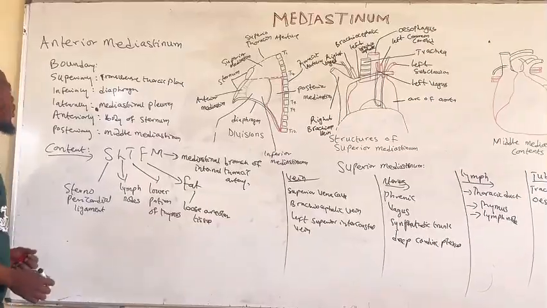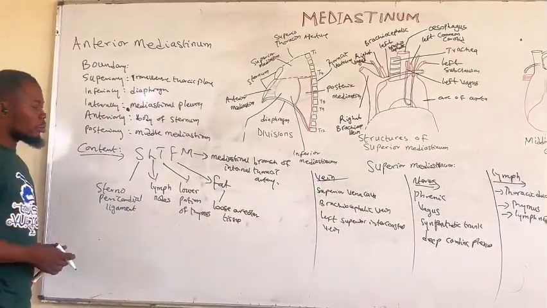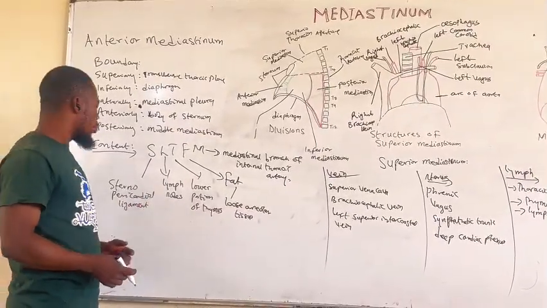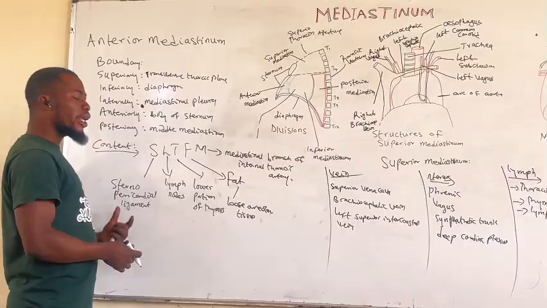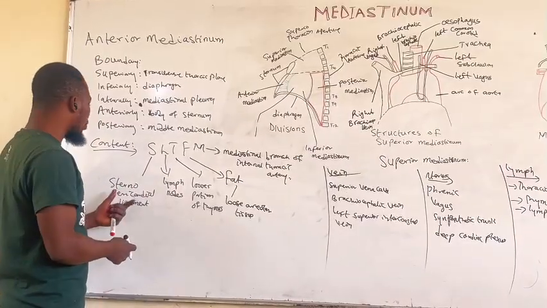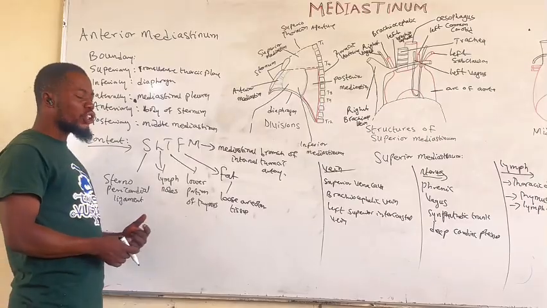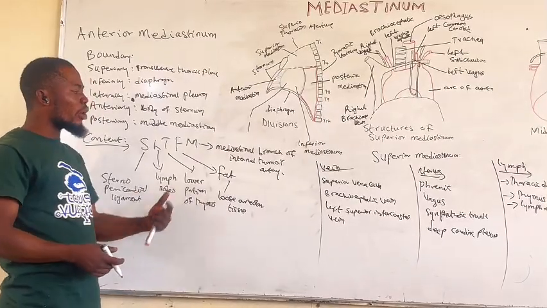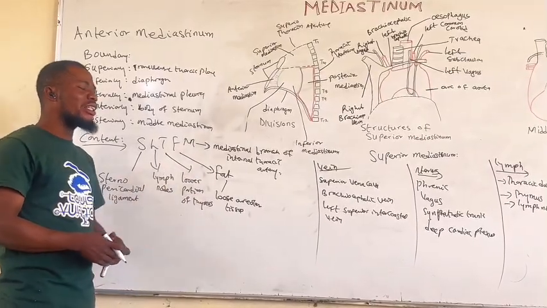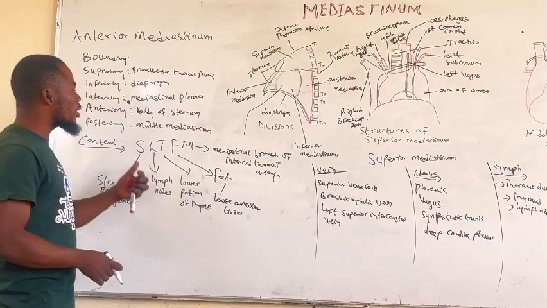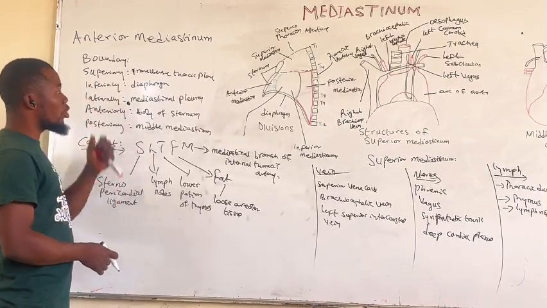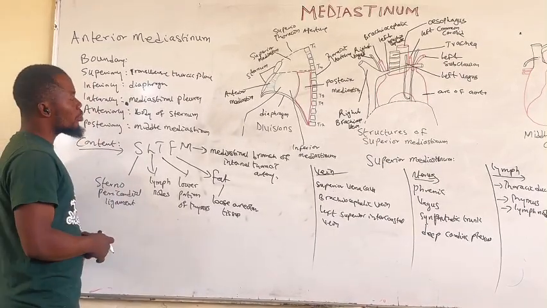So these are the contents of the anterior mediastinum: the superior and inferior sternopericardial ligaments, the lymph nodes, the lower portion of the thymus, loose areolar tissue, as well as the mediastinal branch of the internal thoracic artery.